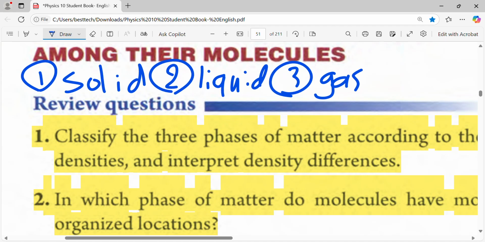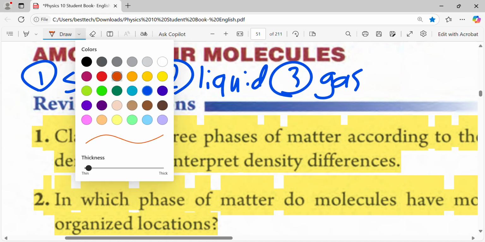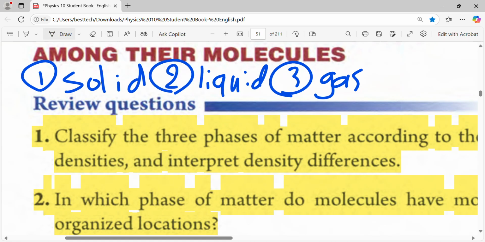So guys, these are the three states of matter. Which one of them has the lowest density? Gas has the lowest density. Why? Because the distance between the atoms is so large, there is a weak force between them. That's why their density is small. So it depends on distance.